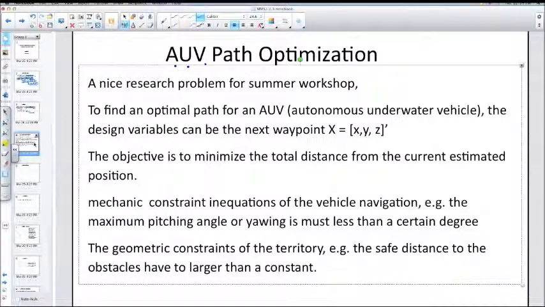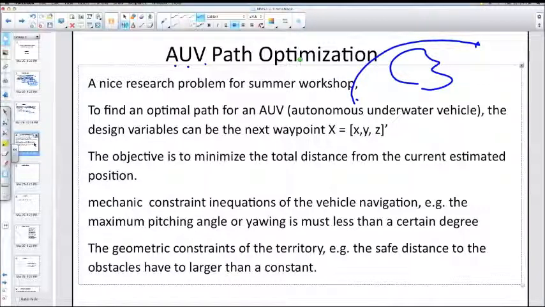If you have an underwater vehicle, you might have to plan the shortest path from point A to point B. Now, between the paths, you might have some kind of rock or a sunken boat blocking your way. So how are you going to navigate from here to here to build the shortest path? Well, that's an optimization problem.